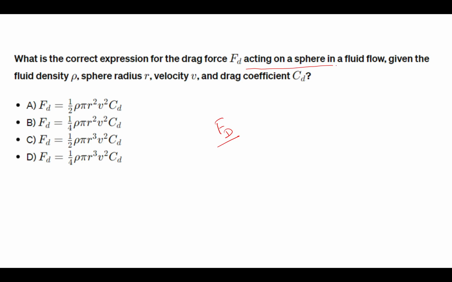Now what is the correct expression for drag force FD acting on a sphere in a fluid flow, given the fluid density rho, sphere radius r, velocity u, and the drag coefficient CD. A is here the surface area.